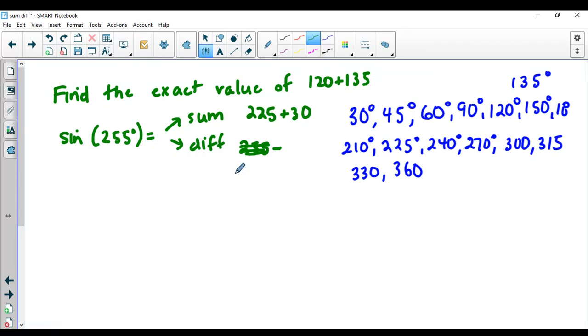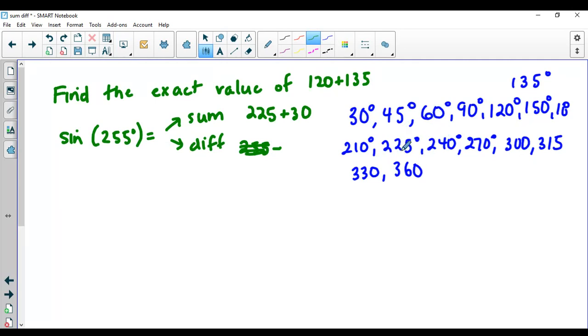Okay, let's see as a difference. 360 minus 45, no, 330, right? So basically I start with the highest and one of the lowest. So 360 minus 30 is 330, too high. 360 minus 60, 300, too high, right?